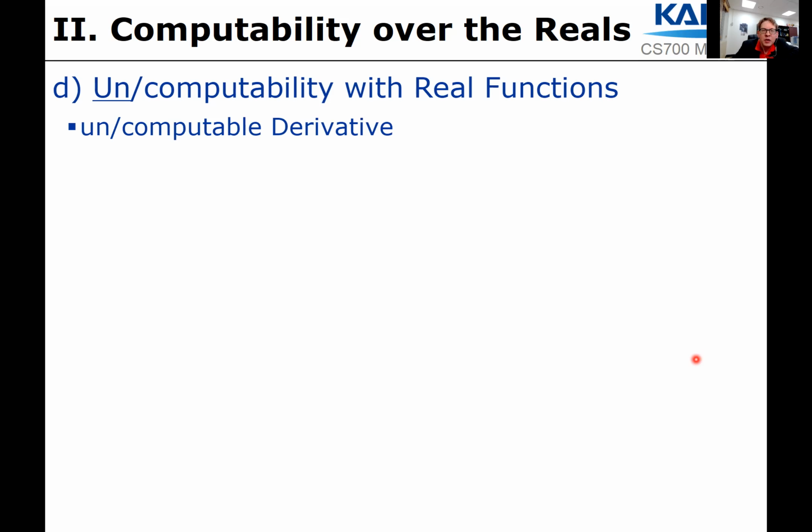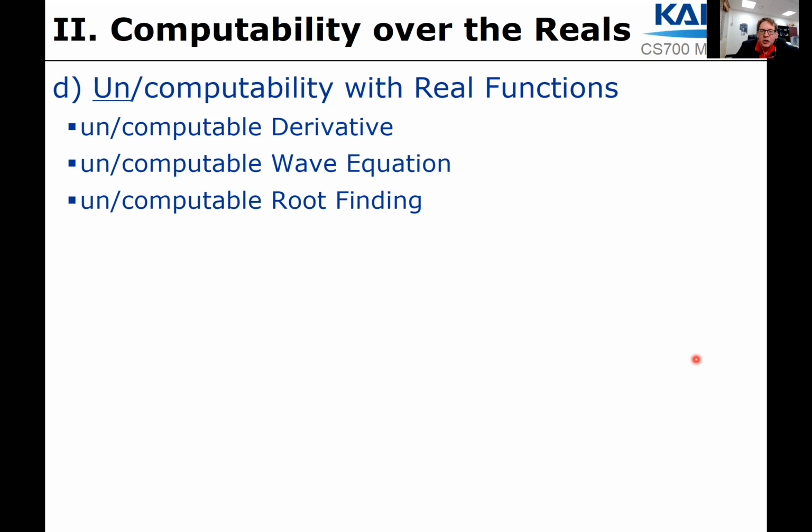That would involve uncomputable cases of the derivative, the Myhill example, uncomputability of the wave equation, uncomputability of root finding, and discussing how to turn all these counterexamples into examples by imposing additional hypotheses or additional restrictions, such as, for the derivative, supposing that the function is actually twice continuously differentiable, for the wave equation by proceeding to an appropriate Sobolev space, or for root finding by requiring the function to have a unique and simple root.